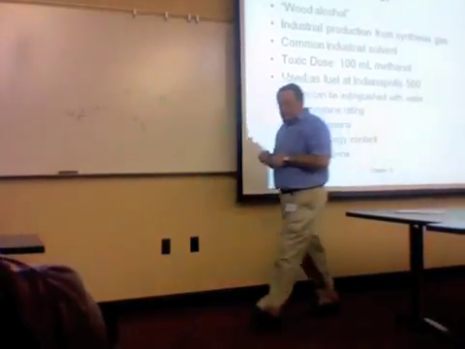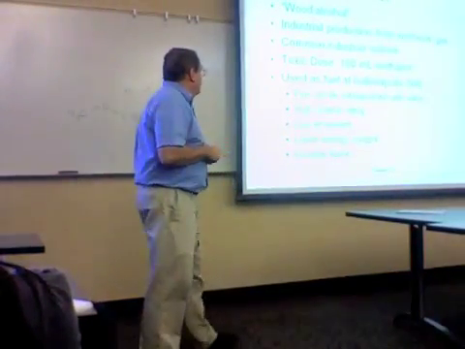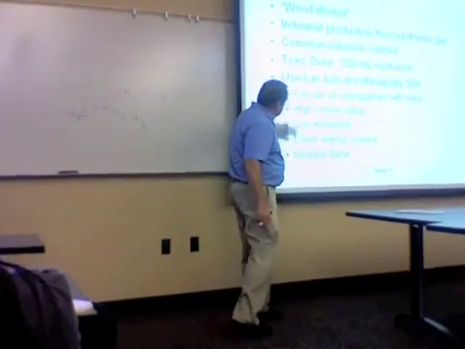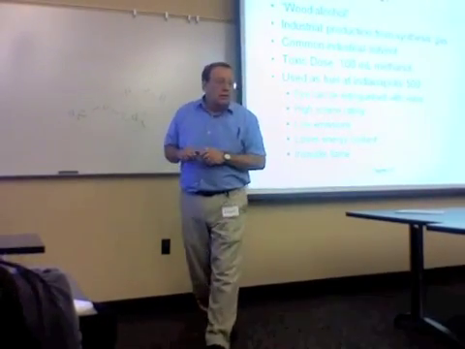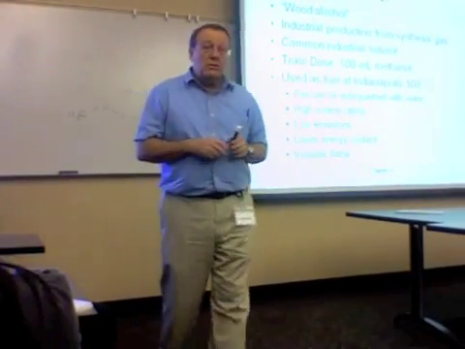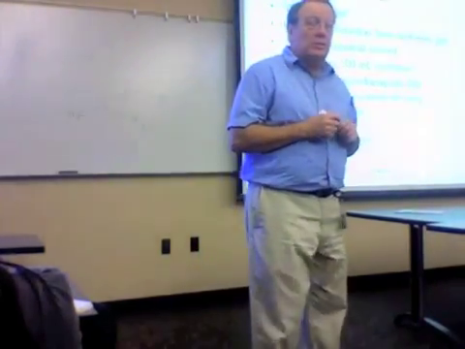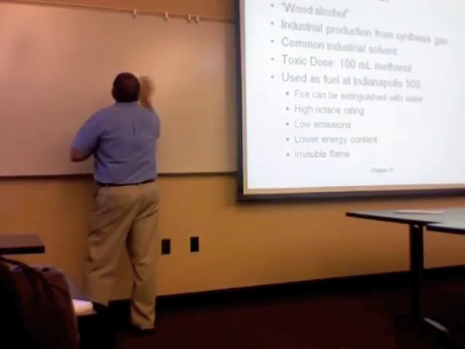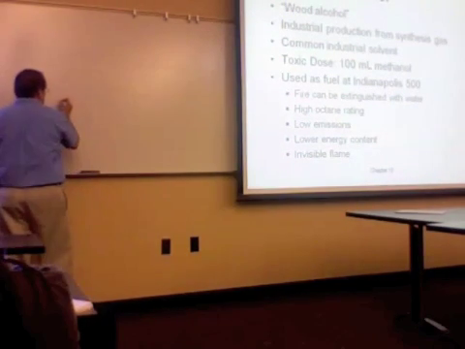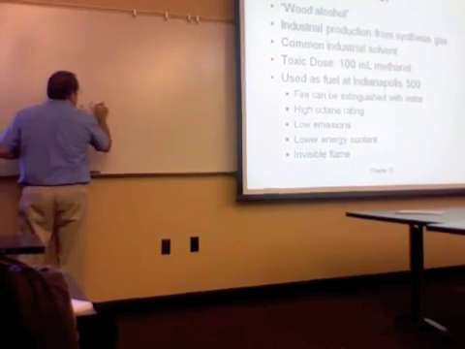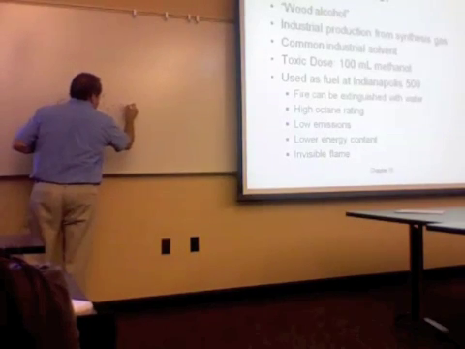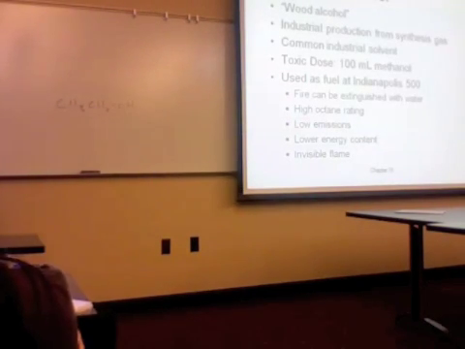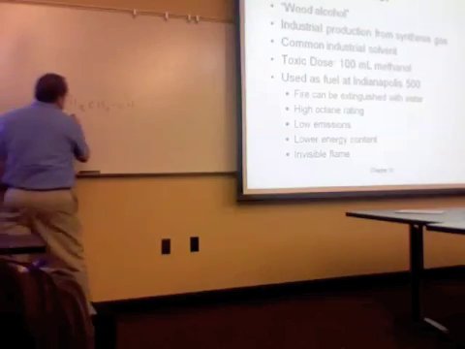And that has the opposite effect. When I put alcohol in fuels, I get good emission characteristics, good octane ratings, but lower energy content. What do I mean by that? It's going to be less carbon-hydrogen bonds, right? Or less carbon bonds? Yeah, if I look at ethyl alcohol, and methanol would be the same. This is ethanol, or ethyl alcohol.